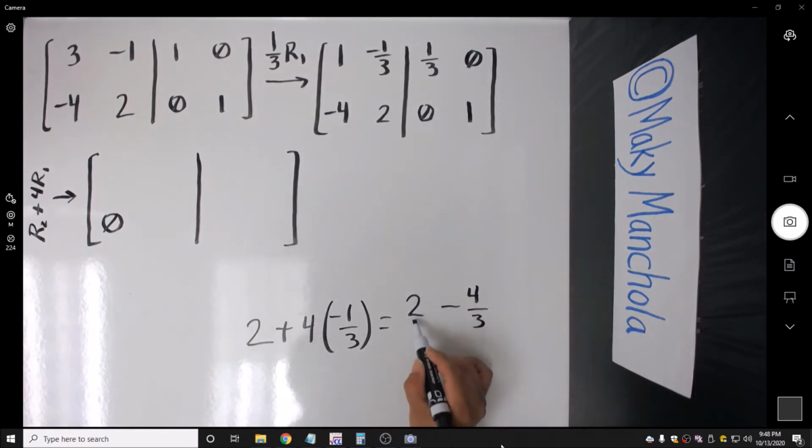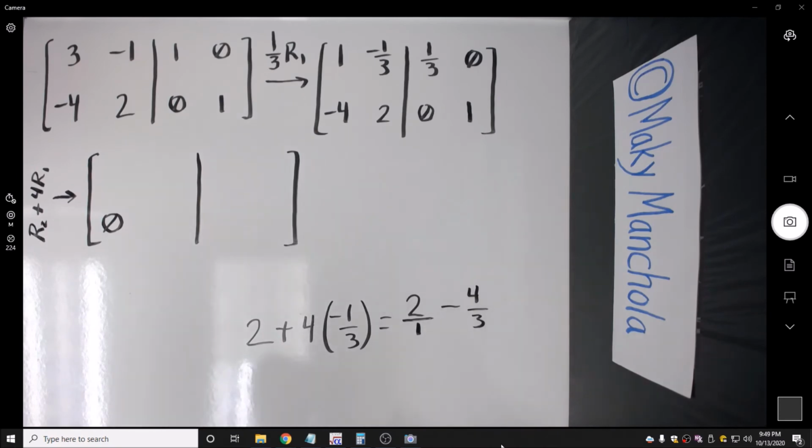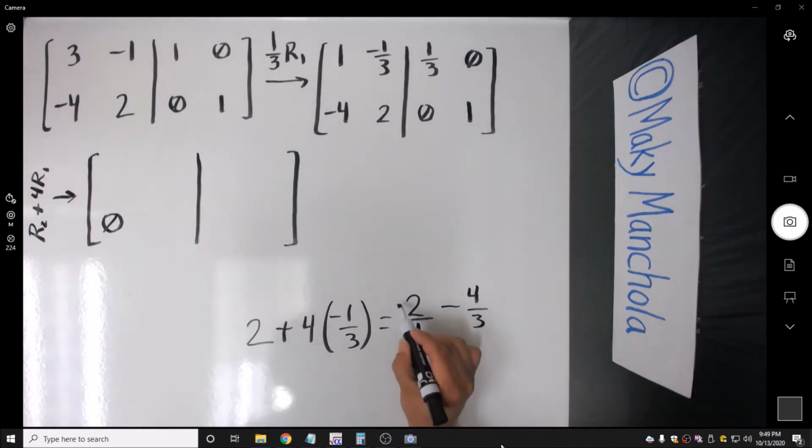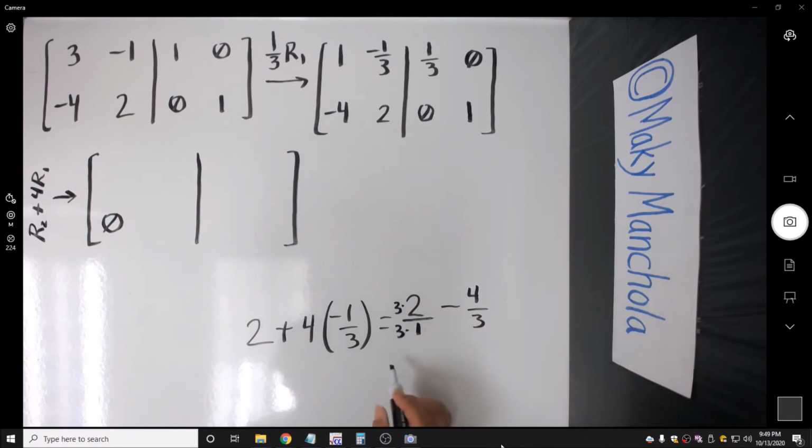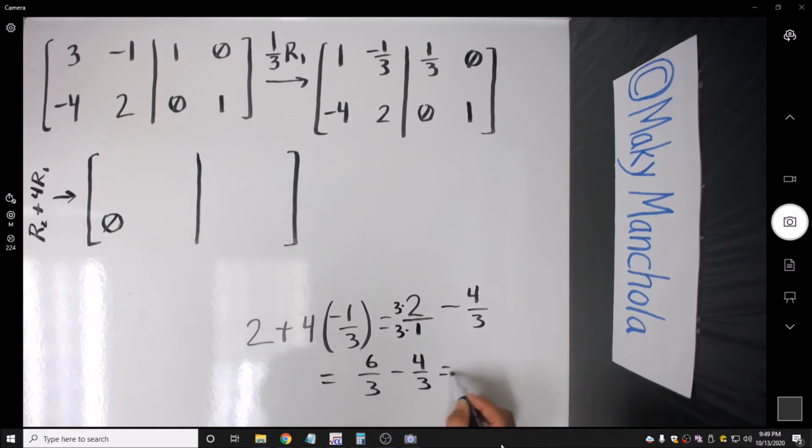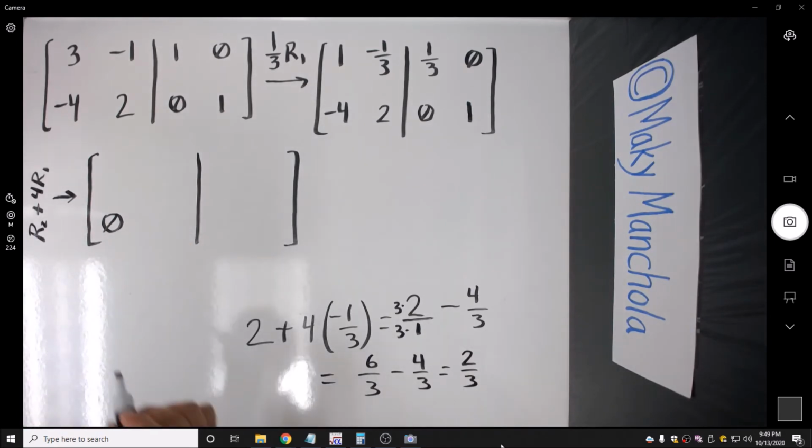Let's make 2 a fraction, which is the same as 2 over 1. Denominators need to be the same, so we multiply the numerator and the denominator of our first fraction by 3. So we end up with 6 over 3 minus 4 over 3, which is 2/3.